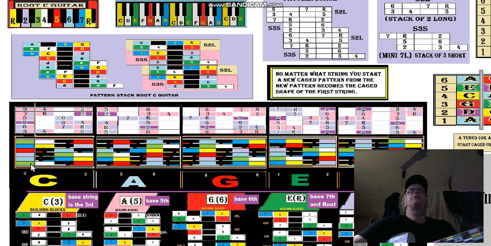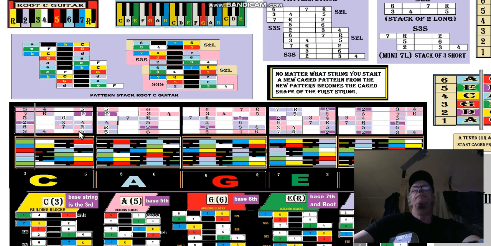It just happens to be E on the bottom. There's E, and that's the normal fretboard. B, E, and the G sharp there, and in the open strings, the B and the E and the low E.